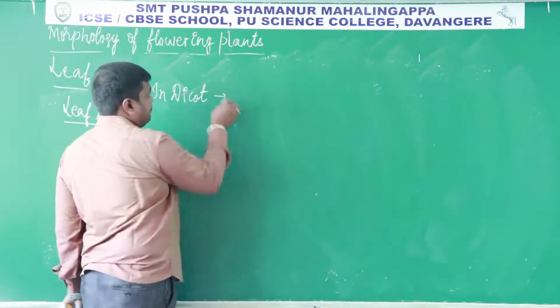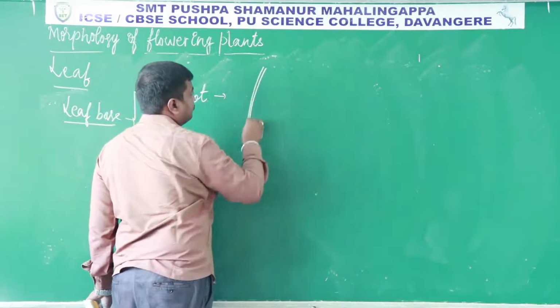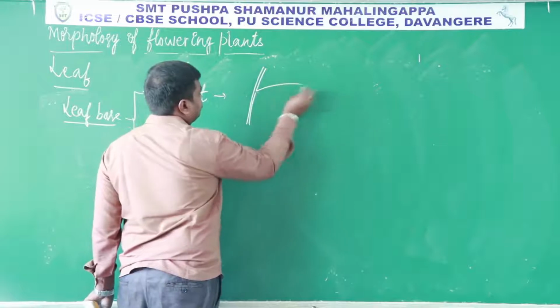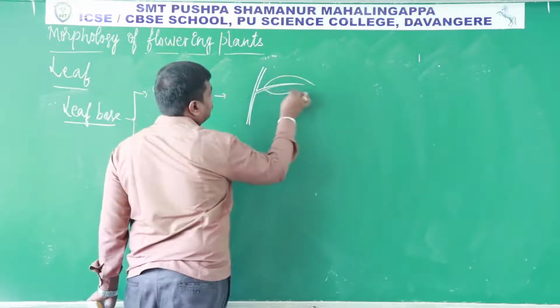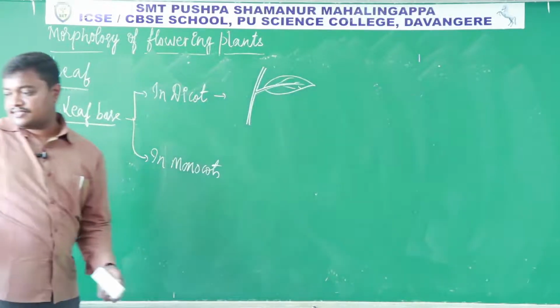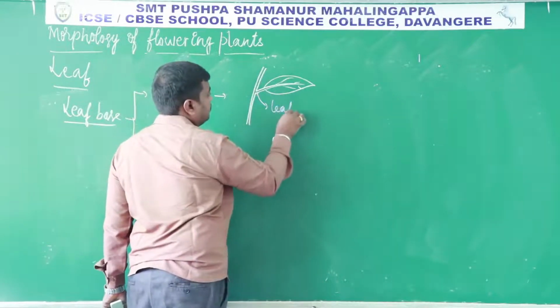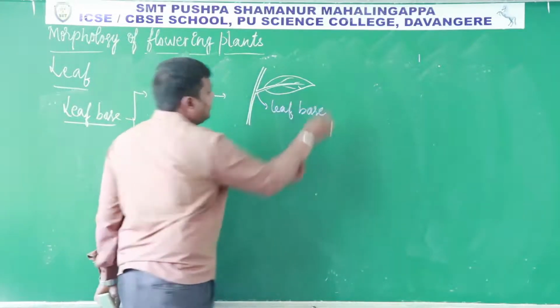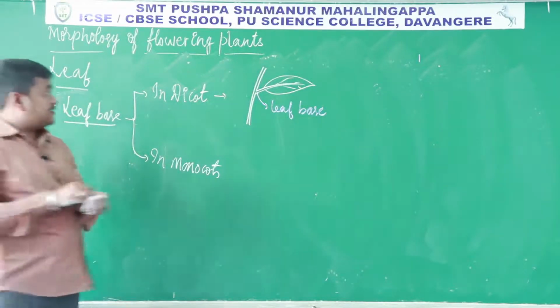Okay. So in case of dicot, this is the leaf base.